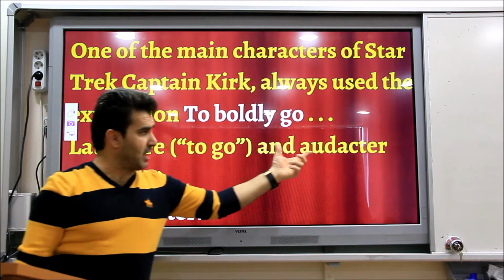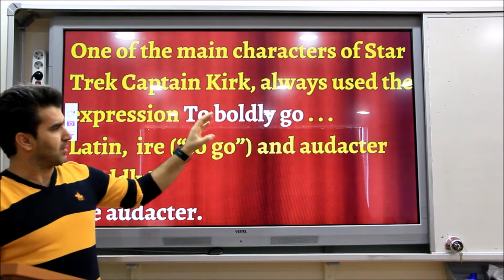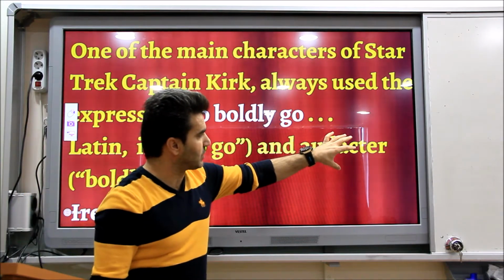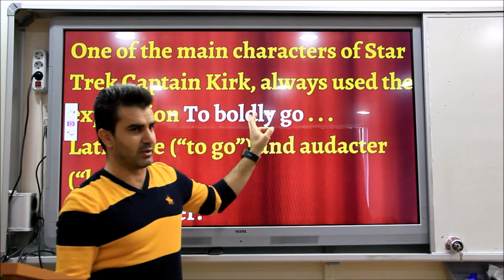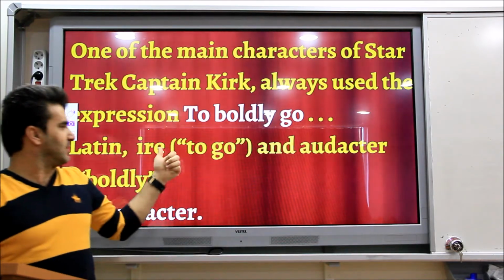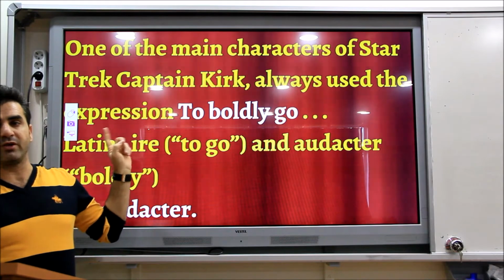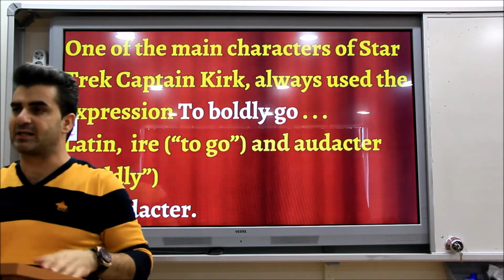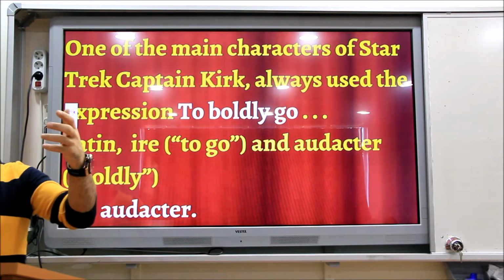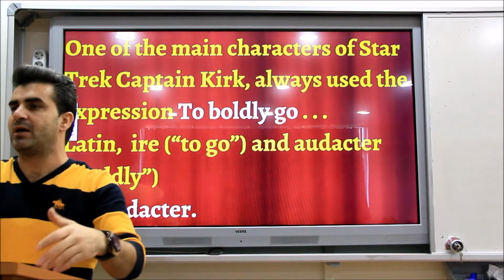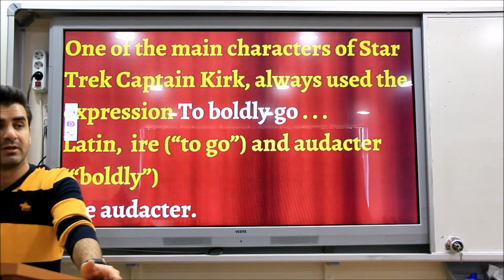See, you cannot insert audactor, which means boldly, in between, because Latin has only one form of infinitive. It is not like English. In English you have the bare form plus an infinitive marker too. That's why it is possible to split it, but in Latin that is not possible.